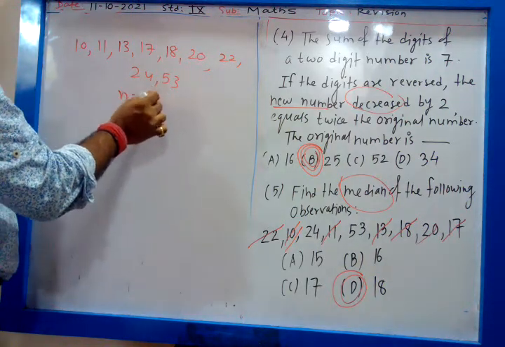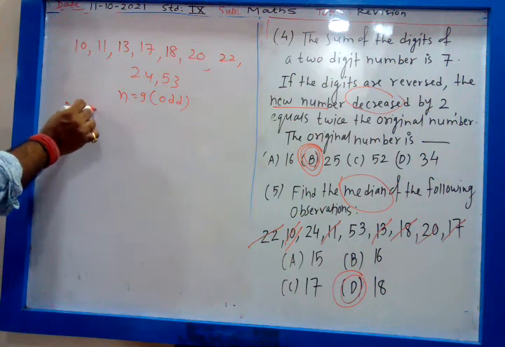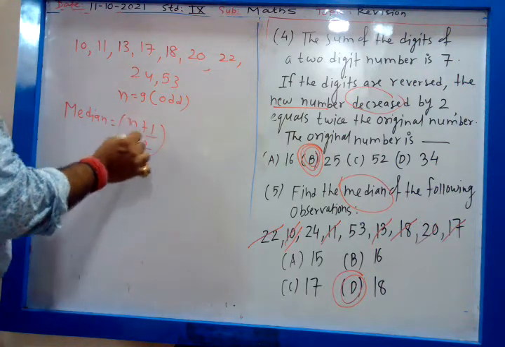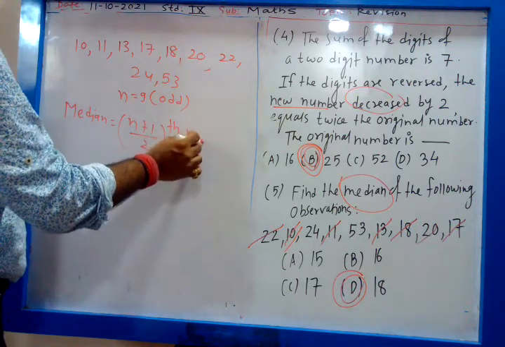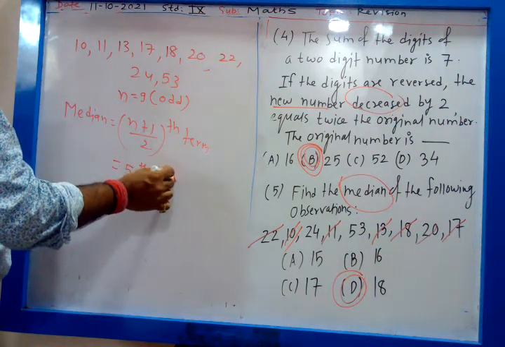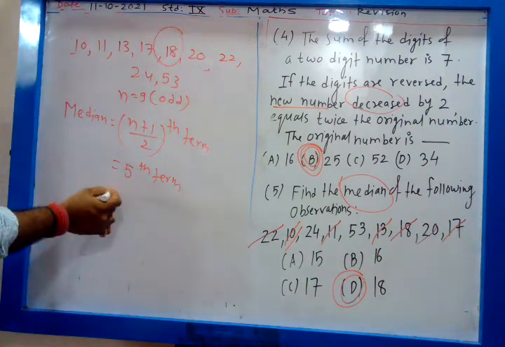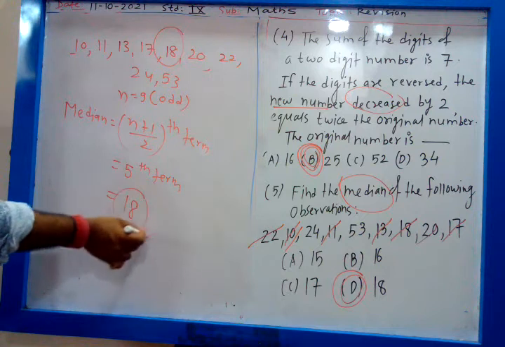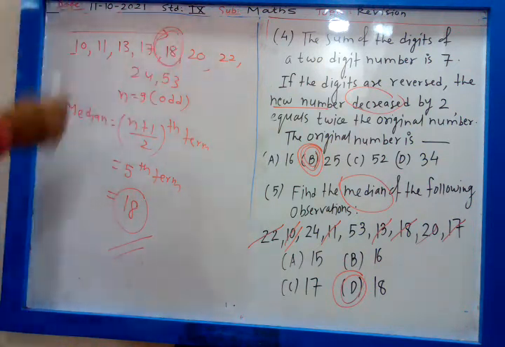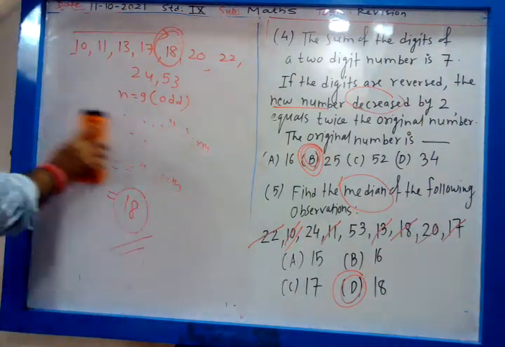N is equal to 9. 9 is an odd number. So the median will be the (n plus 1) upon 2th term. N is 9, so 9 plus 1 is 10, 10 upon 2 is the 5th term of the observation. So 1, 2, 3, 4, 5th term is 18. So median is 18. Okay.